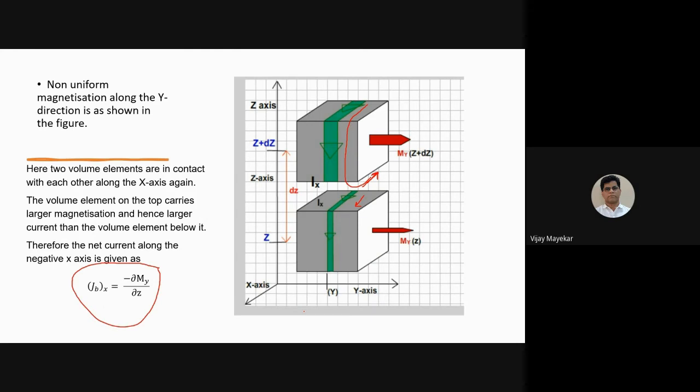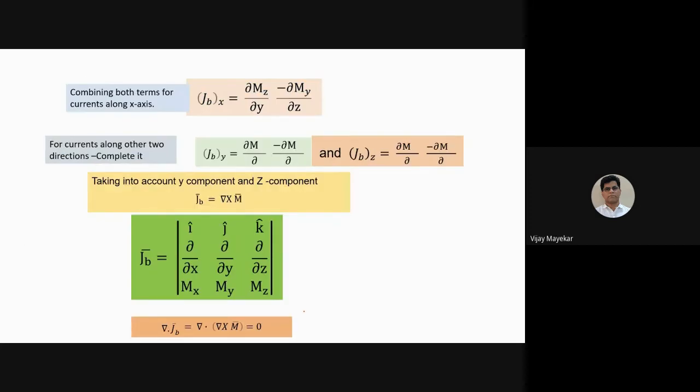Okay, so we are looking at the position of the chunks along the y-axis, along the z-axis. So M bar is pointing along the z-axis, M bar is pointing along the y-axis, and the origin is because of the currents along the x-axis. One is along the positive x-axis, one is along the negative x-axis. So here we combine these two currents, combining both terms for currents along the x-axis.